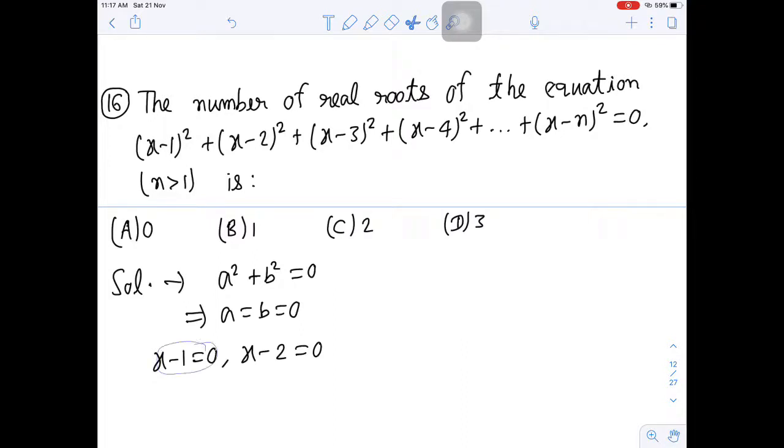If x is equal to 1, then x minus 1 will be 0, but the other terms, x minus 2, x minus 3, won't be 0. Similarly, if x minus 2 is equal to 0, then x will be 2, but the other terms won't be 0. So there is no real root, or no solution actually. So the answer would be 0.